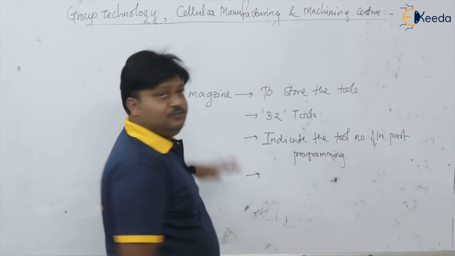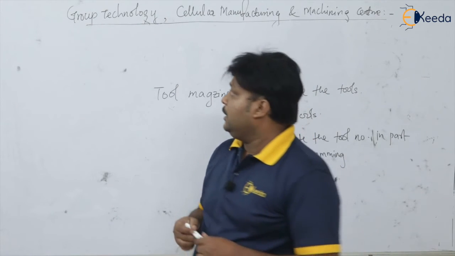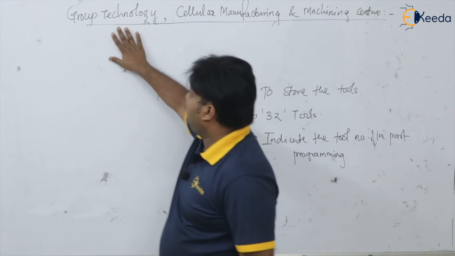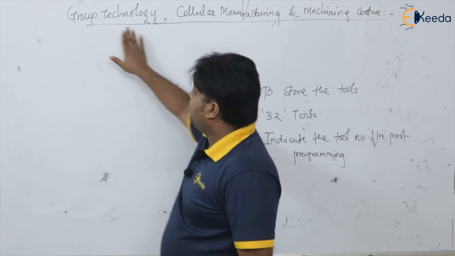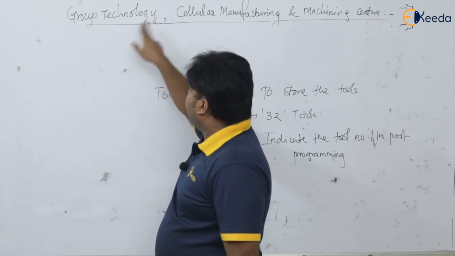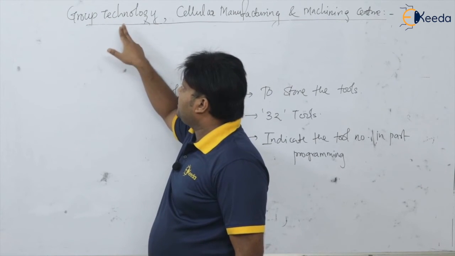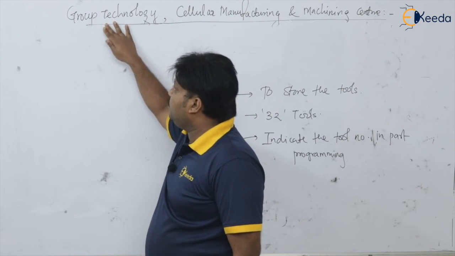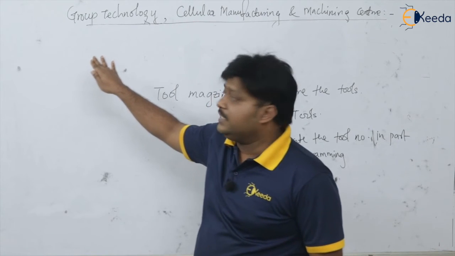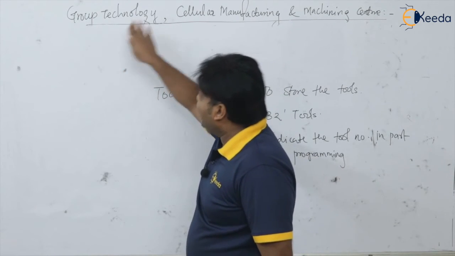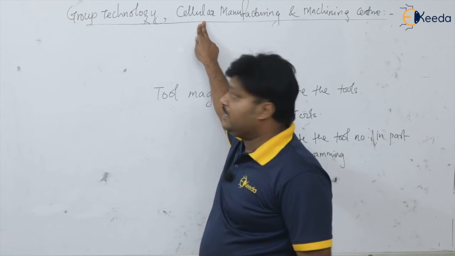So see, in this video we have talked very much about the group technology. Okay, group technology क्या होती है? Implementation of group technology, or within the group technology, if flexible manufacturing system is implemented, added, you can get the cellular manufacturing.